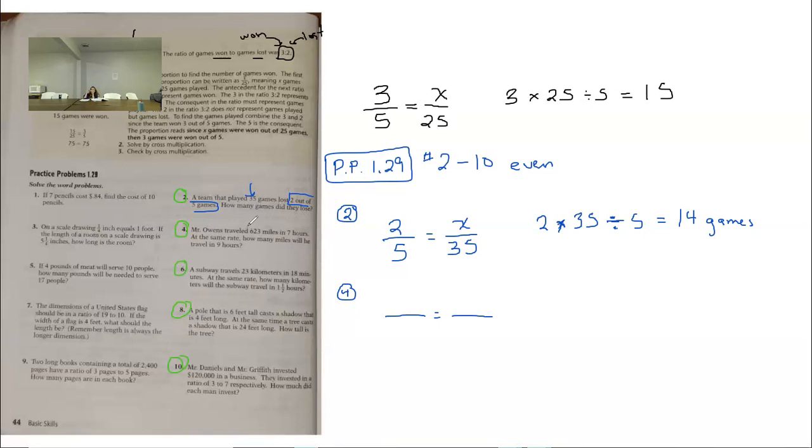So I know that these 2 are our match, or this is our beginning rate. And then we'll use it to find this one. All right, so I'm gonna keep it the same order, 623 on the top. I know this is miles, and then 7 hours on the bottom.